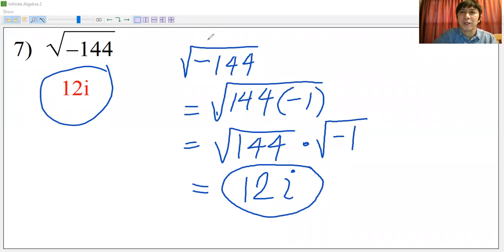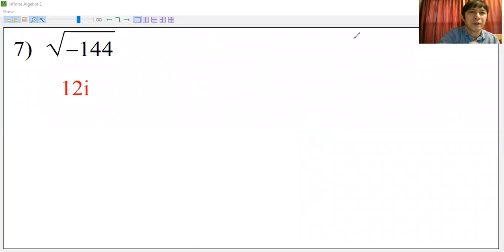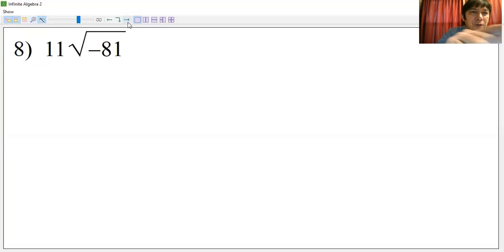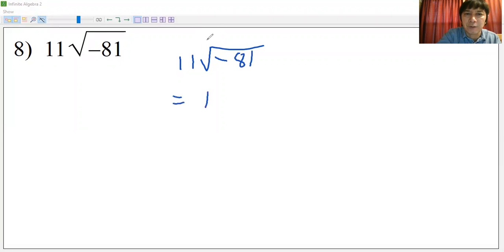I hope you're getting the way to do it. Let's have number 8. 11 times square root of negative 81. How do we simplify 11 times the square root of negative 81? This is equal to 11 times square root of 81 times negative 1.